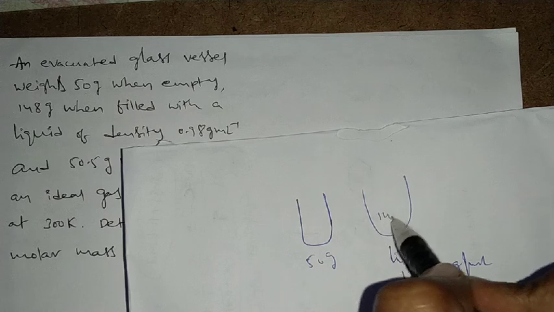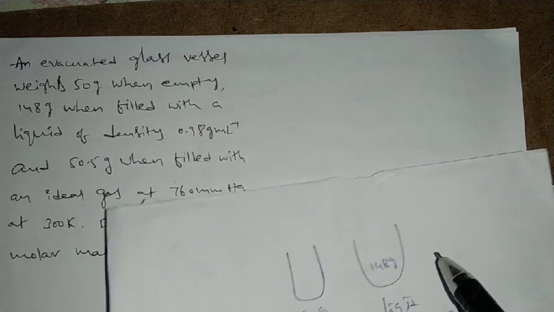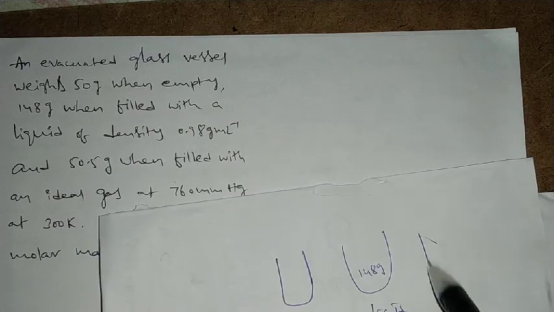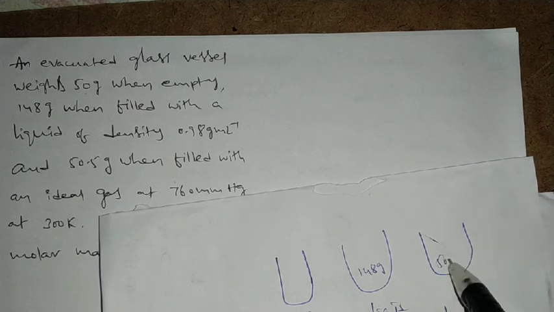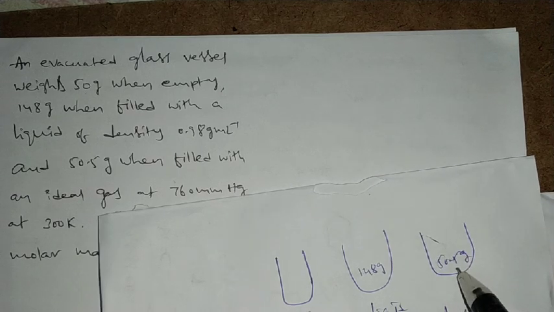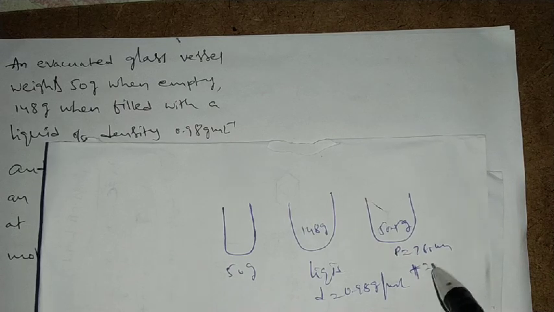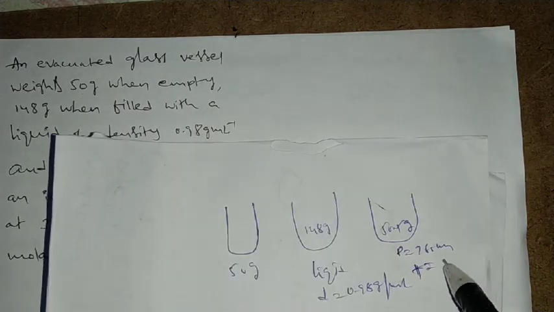Is it okay? So an empty vessel is given, it's 50 grams. Next, the same vessel with liquid, 148 grams, and 50.5 grams. So same vessel 50.5 grams when filled with ideal gas, with the pressure 760 millimeters and temperature 300 Kelvin.